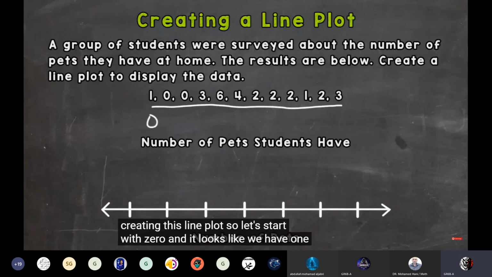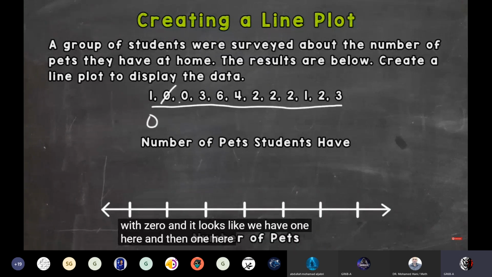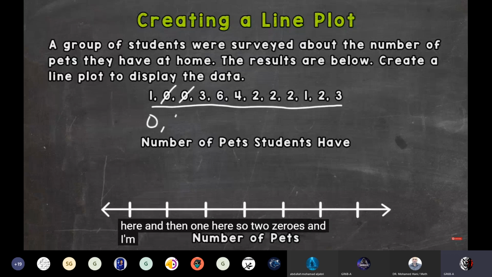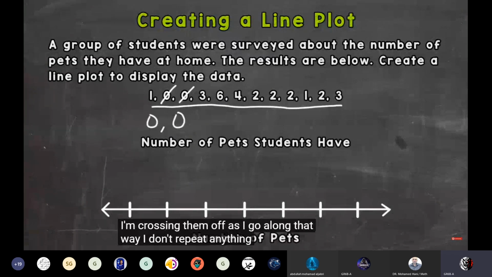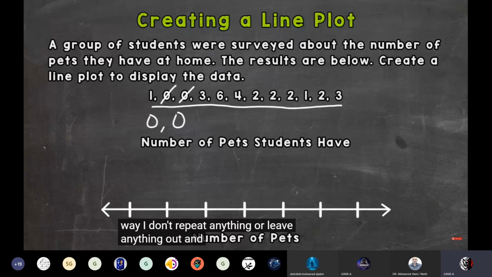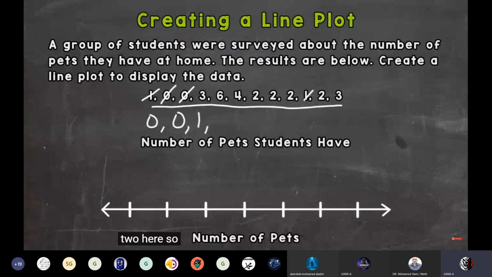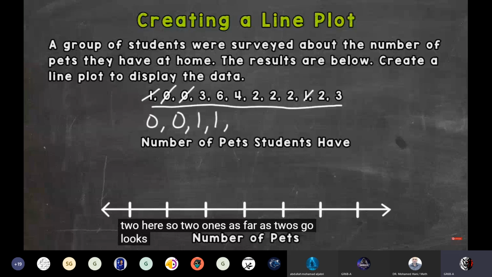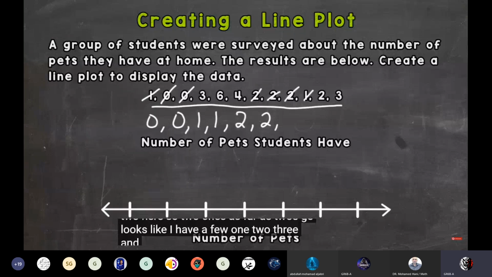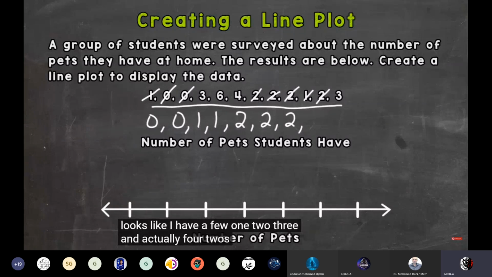And it looks like we have 1 here and then 1 here, so 2 zeros. And I'm crossing them off as I go along. That way I don't repeat anything or leave anything out. And then ones, I have 1, 2 here. So 2 ones. As far as 2s go, looks like I have a few. 1, 2, 3, and actually 4 2s.